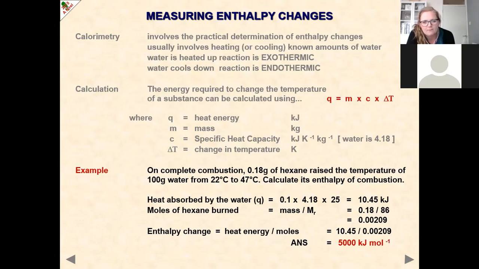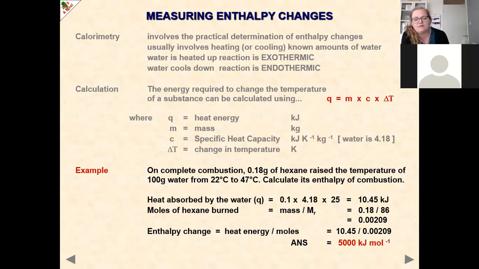We're going to times that by 4.18, which is our specific heat capacity of water. And we're going to also times it by 25, which is our change in temperature. Change in temperature is 25 degrees Celsius. So our heat absorbed by the water, Q, equals 10.45 kilojoules.